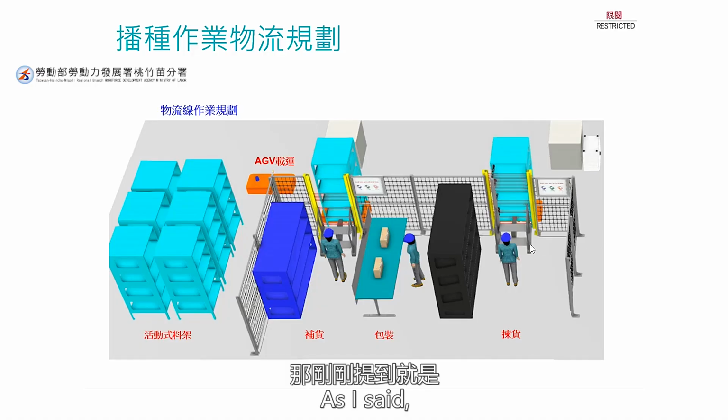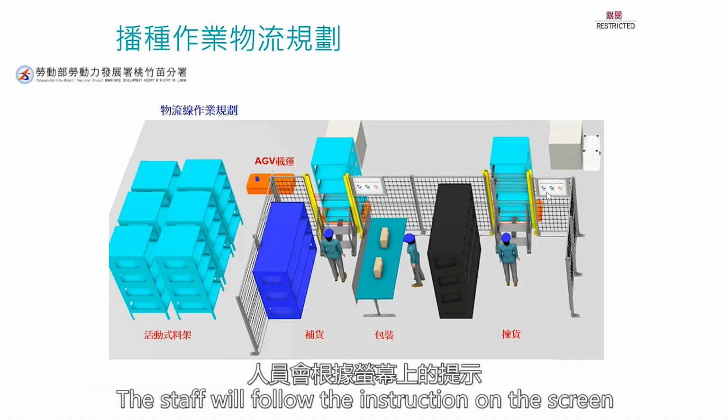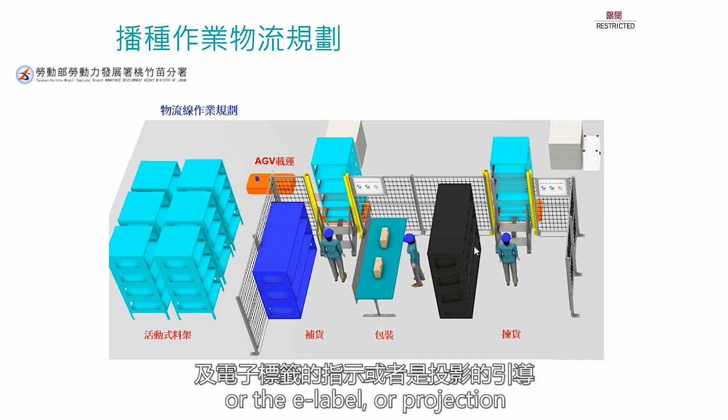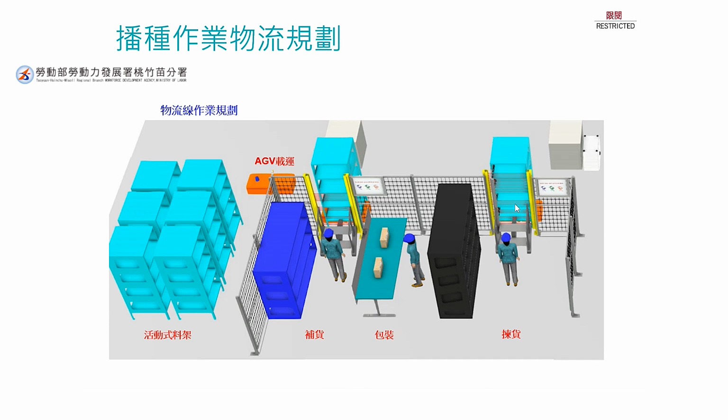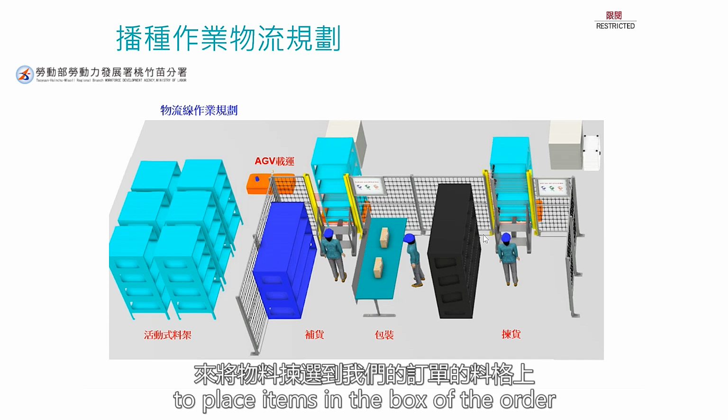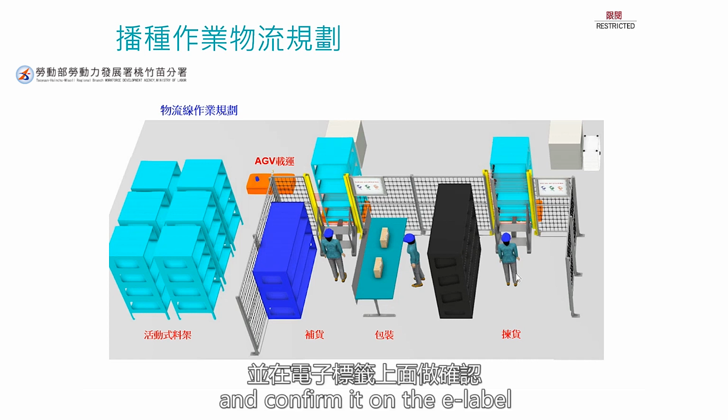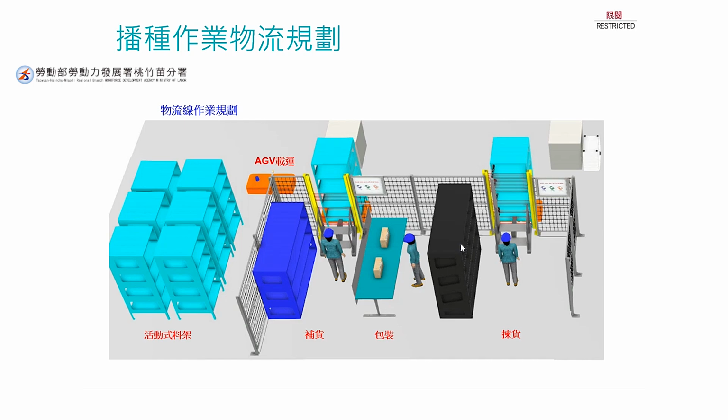As I said, the staff will follow the instruction on the screen, or the e-label, or projection, to place items in the box of the order, and confirm it on the e-label.